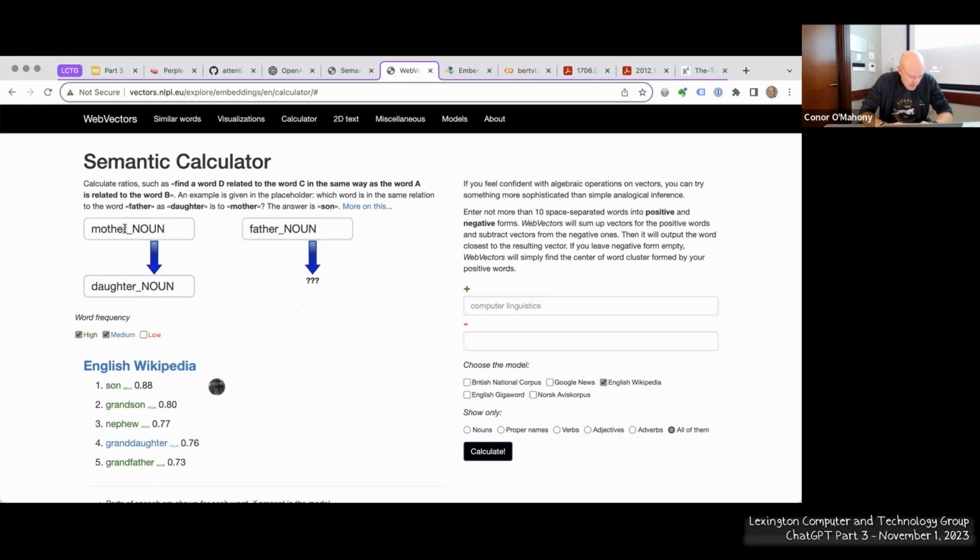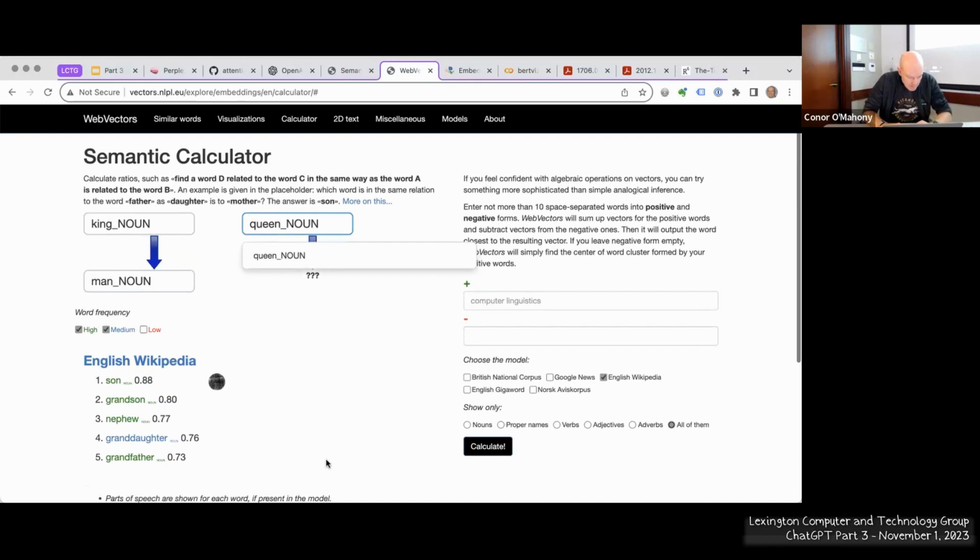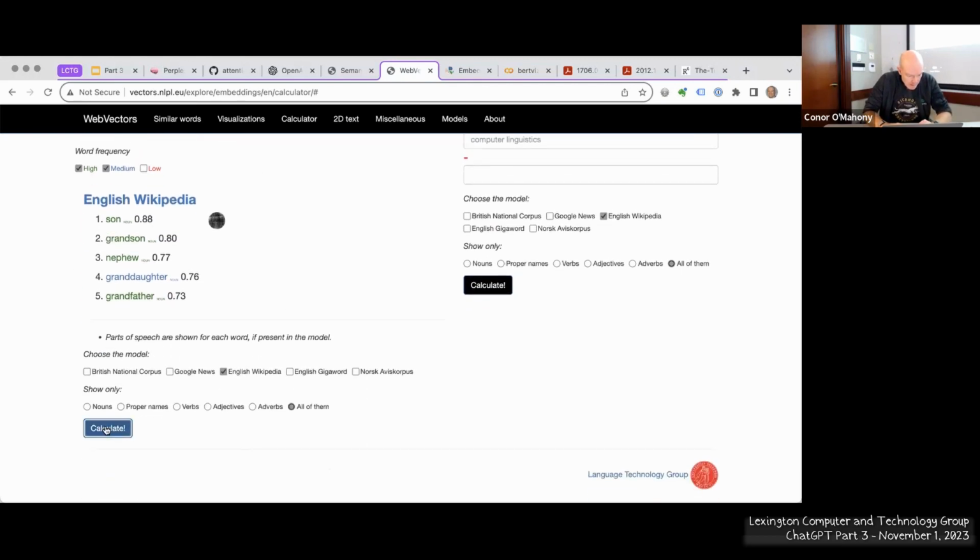Oh, it lost my things. Okay, let's try it again. So I think I had king, but we could also play around with this and do other ones. And what it's doing is it's going and getting the respective vectors, and let's calculate now.